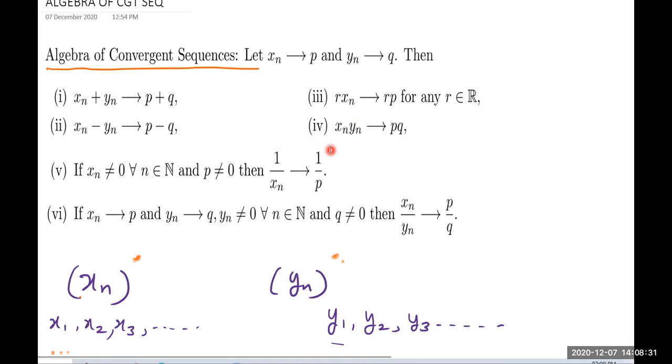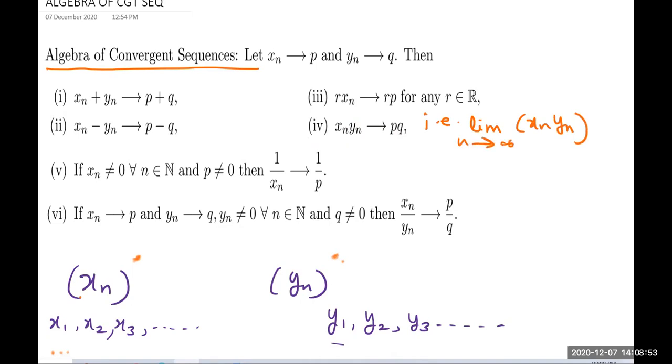तो इधर मैं I will just write over here. So actually what it means is that limit of sequence xn yn as n tends to infinity is equal to p into q, which is limit of xn into limit of yn. ये इसका actually meaning है. इसको ऐसे भी आप समझ सकते.